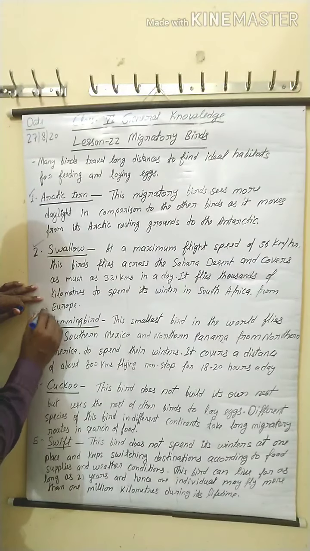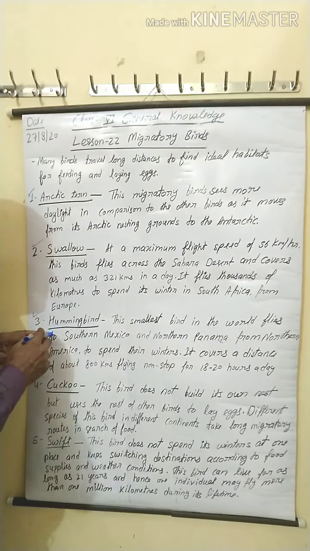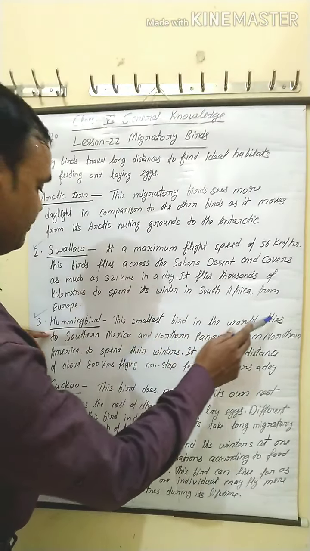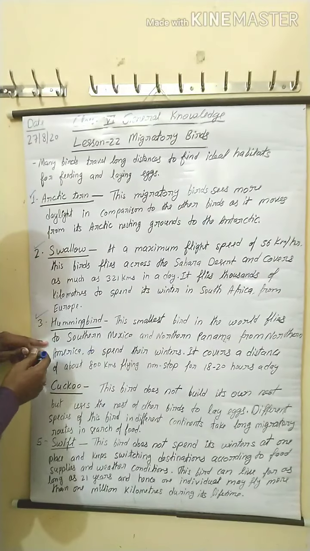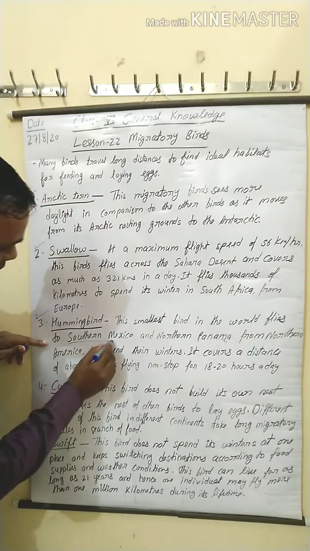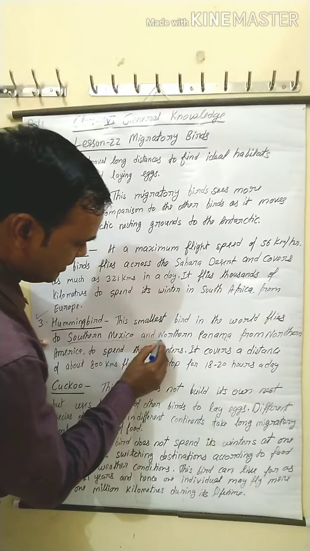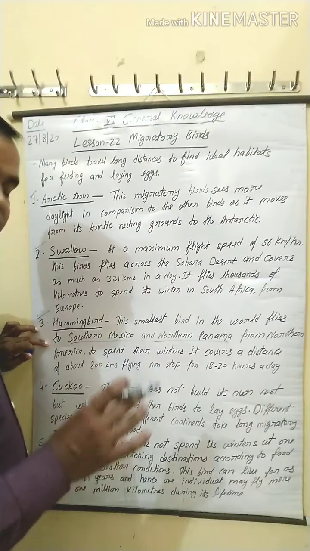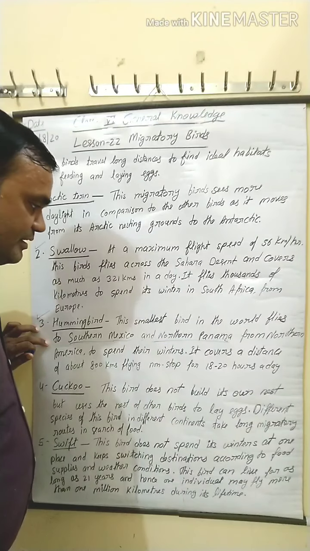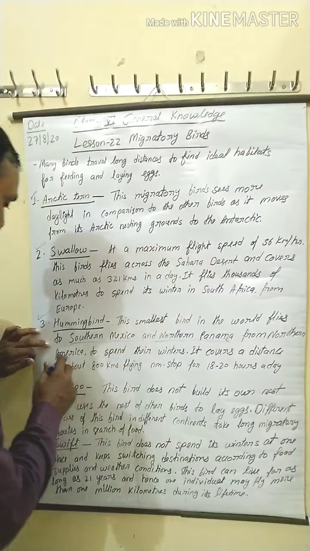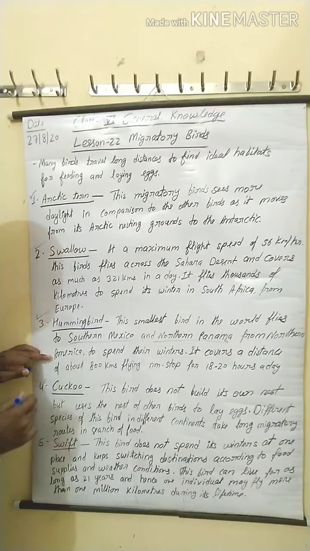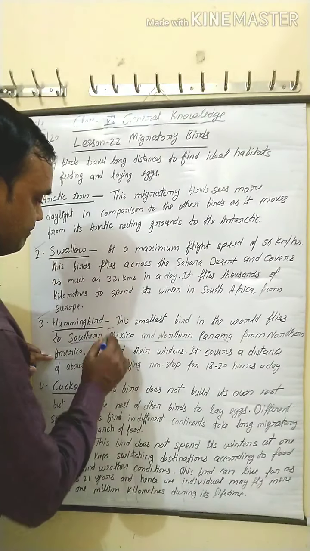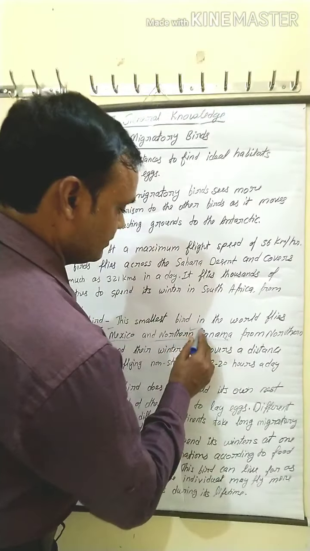And next one, hummingbird. The hummingbird is the smallest bird in the world, and this smallest bird flies to southern Mexico and northern Panama, two countries situated in the North American continent. This bird migrates from North America to southern Mexico and northern Panama.